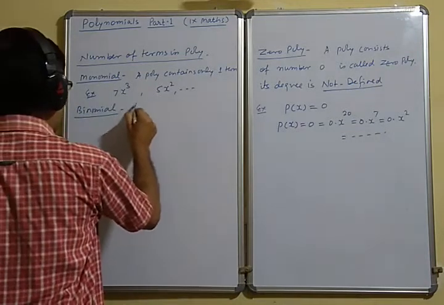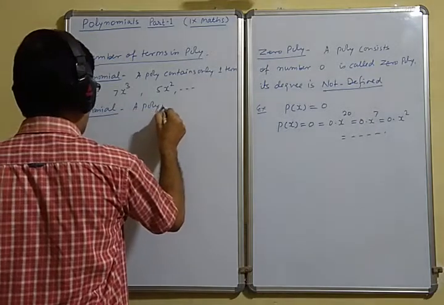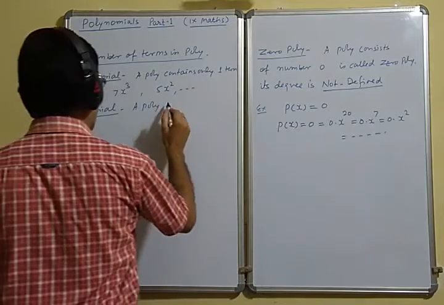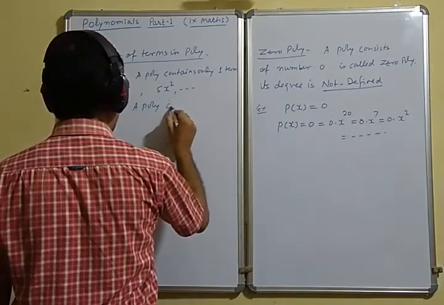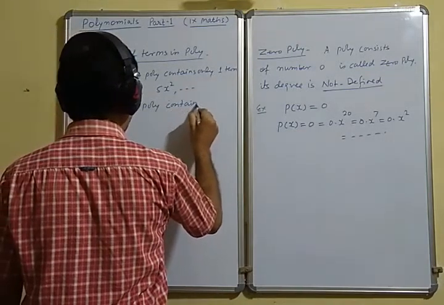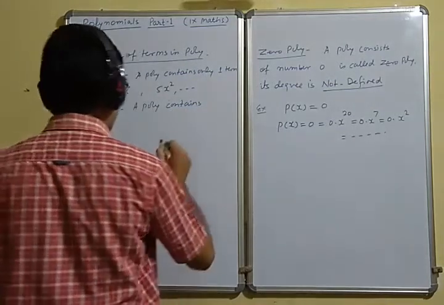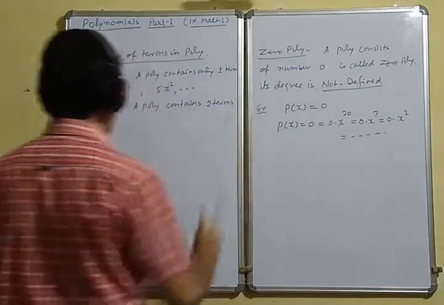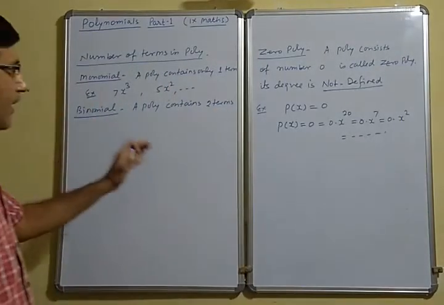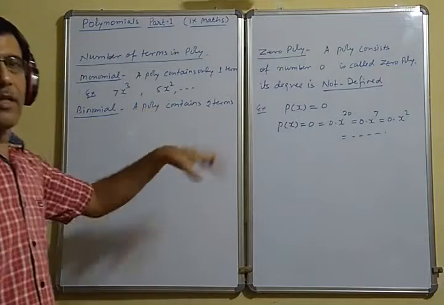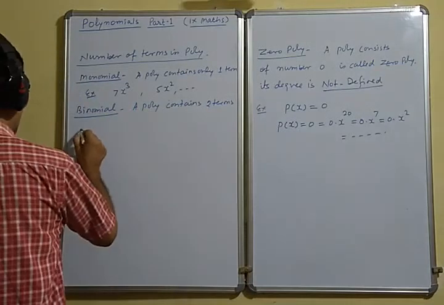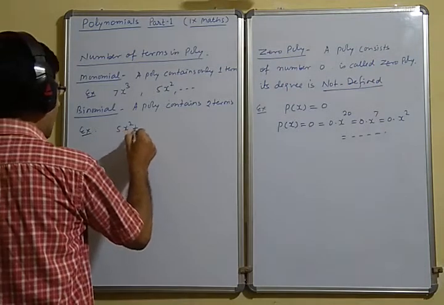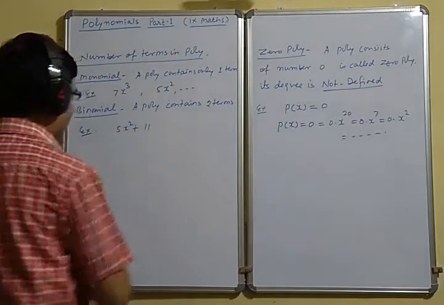Binomial. A polynomial which contains two terms is called a binomial. For example, 5x square plus 11.